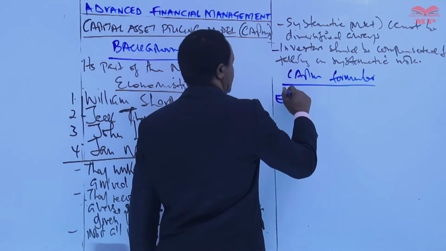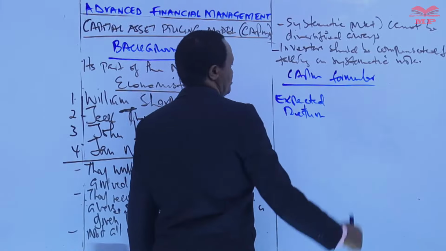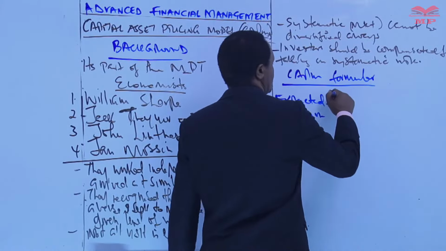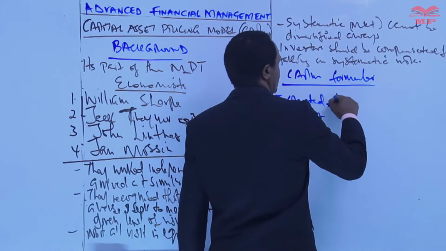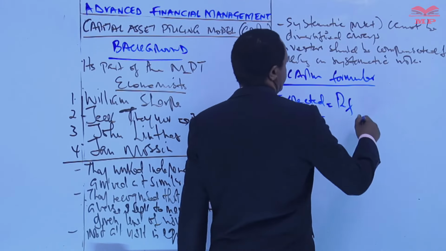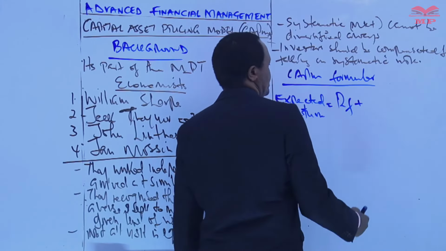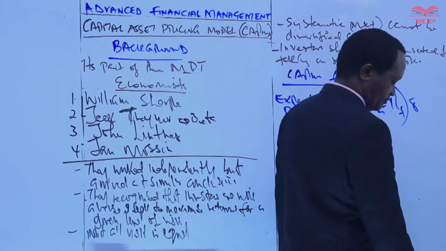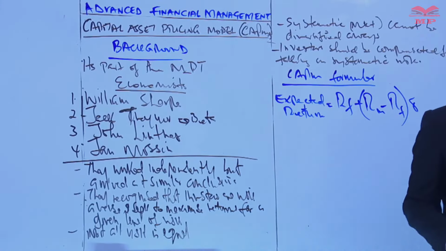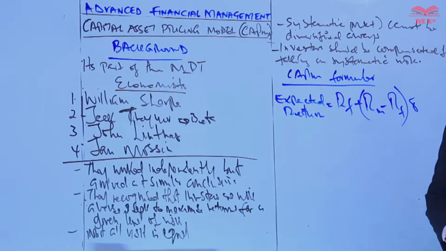Expected return under CAPM is equal to the risk-free rate plus the premium, which is the difference between the return from the market minus the risk-free rate, times beta. Beta times the market risk premium.